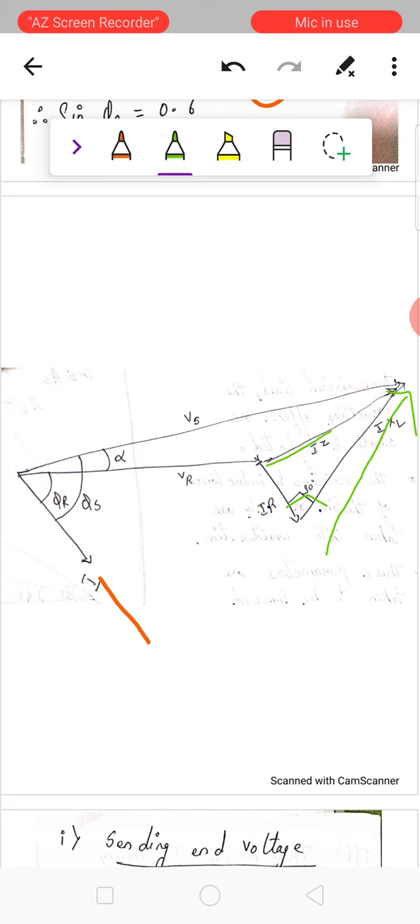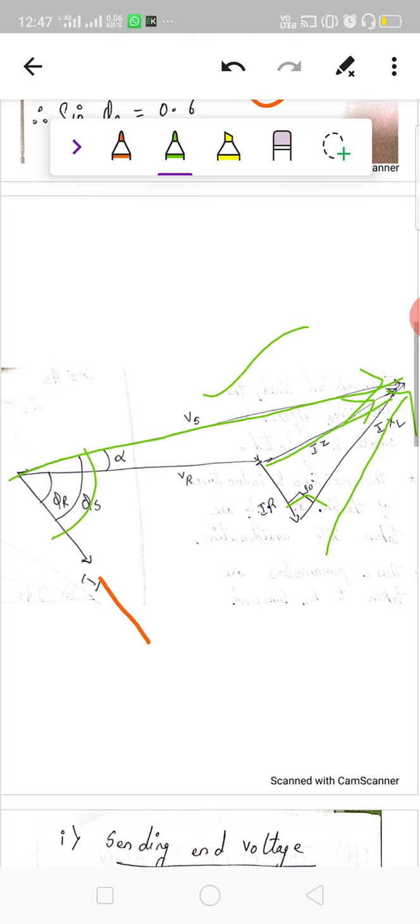Now when I join this, I get I into Z, and from this point when I join, I get the total Vs. This angle is the sending end power factor angle phi s, and the angle between Vs and Vr is alpha.